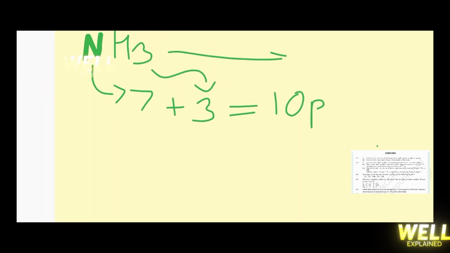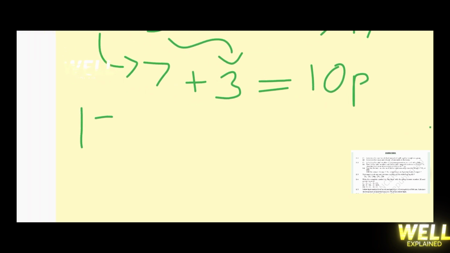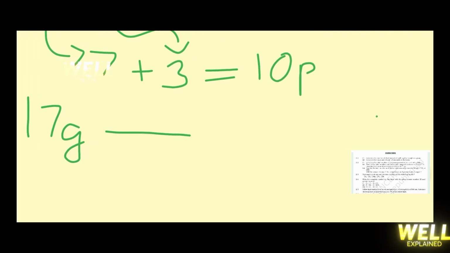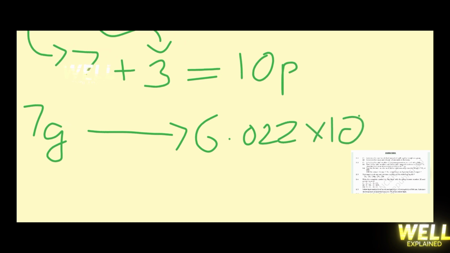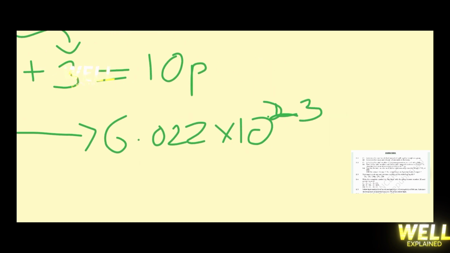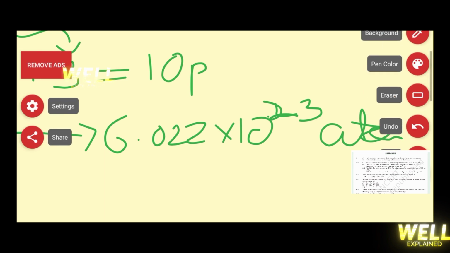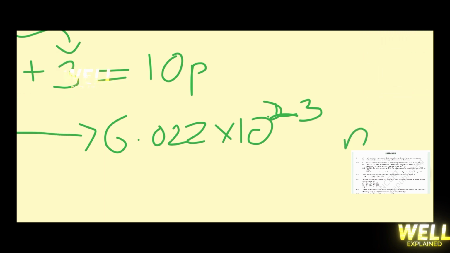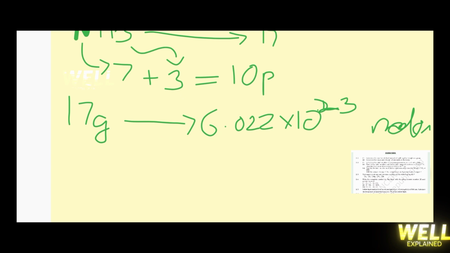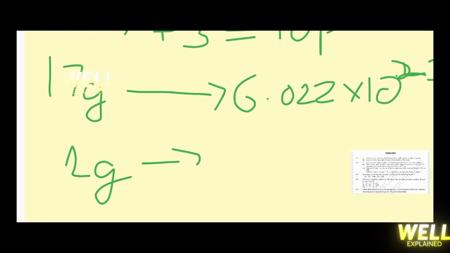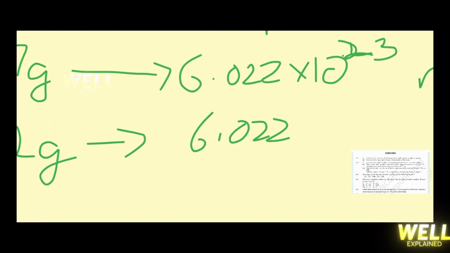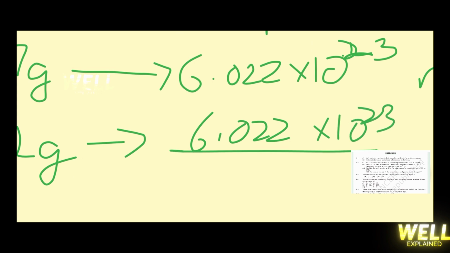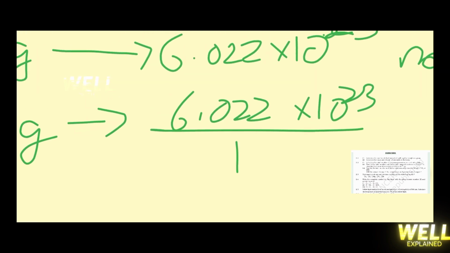So the molecular mass of ammonia is 14 plus 3, 17. Therefore 17 gram of NH3 will have Na, that is 6.022 into 10 to the power 23 molecules. So for 1 gram I will have 6.022 into 10 to the power 23 divided by 17.